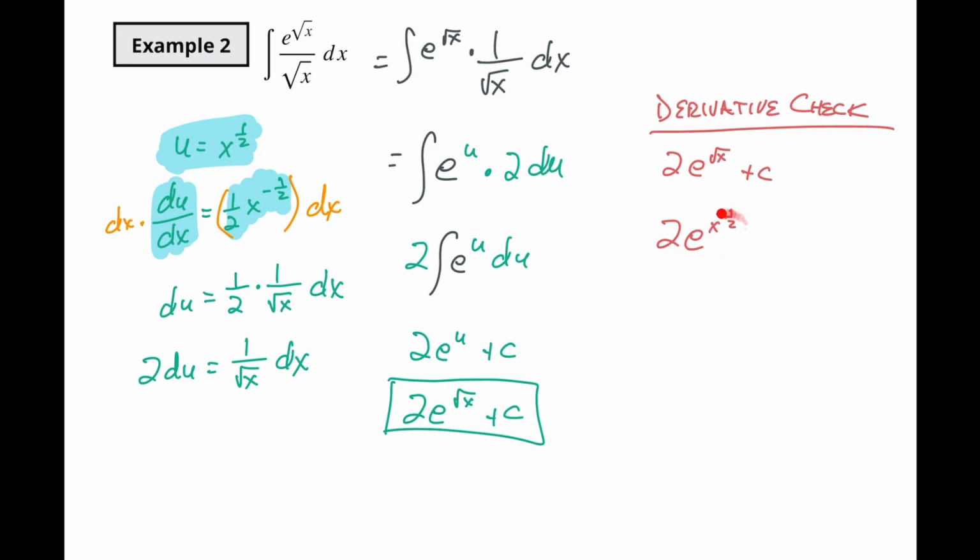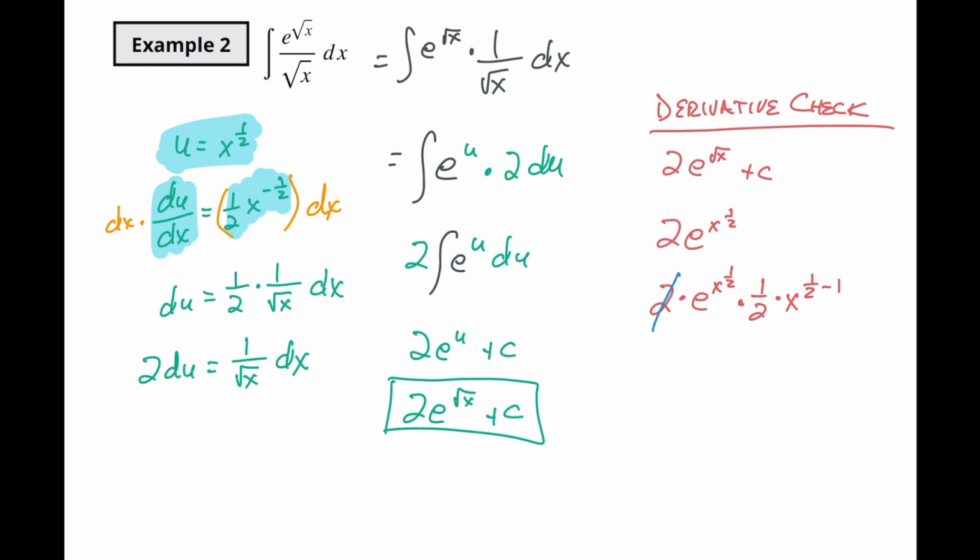So the derivative of this, I'm going to bring my 2 down, a constant, times the derivative of the outside, e to the x to the 1/2. That's just going to be e to the x to the 1/2. So that's going to be times the derivative of the inside, which is, you bring the 1/2 out. So we're going to have 1/2 times x to the 1/2 minus 1.